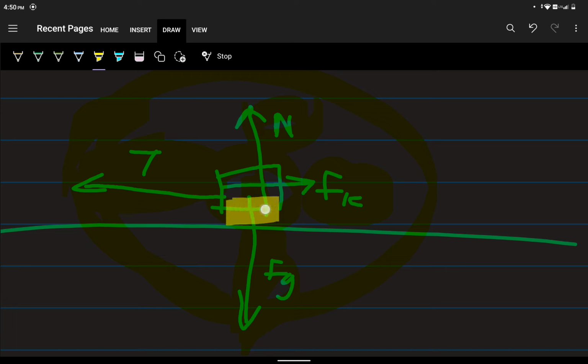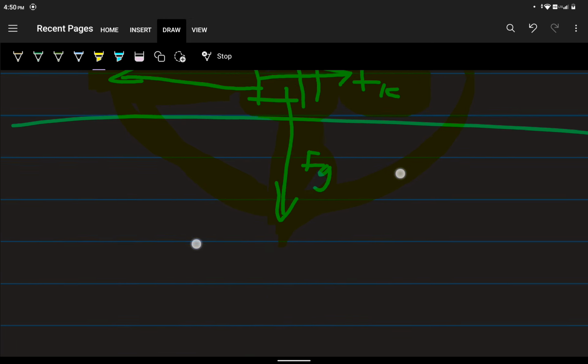And it is exerted right here, so that's why it starts at the bottom and it goes up. And then we have tension. Tension can either start from here and go out, or it can start from here and go outwards. It depends on your scenario, right? And we have Fk. Fk, you can draw it from here, doesn't really matter, but this is your force diagram.